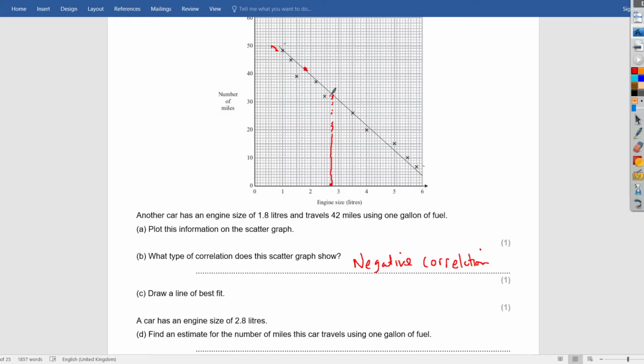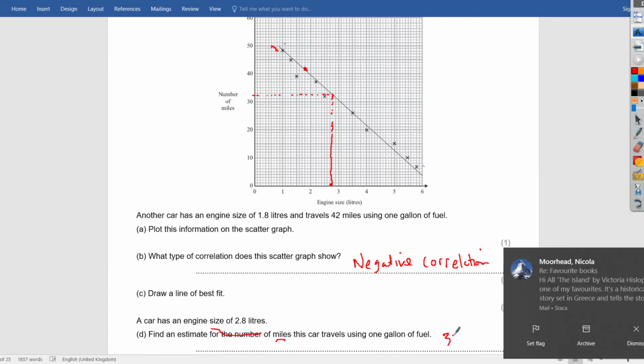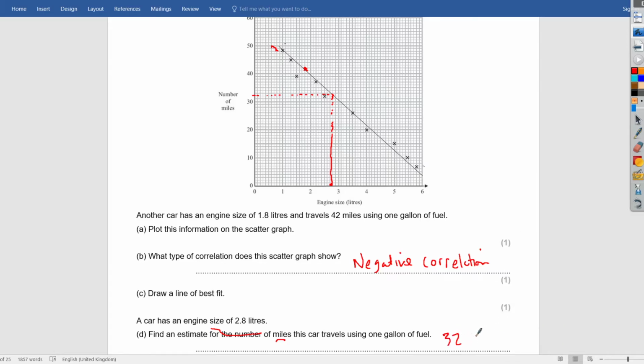If we went along here, we estimate the number of miles traveled. This will be about 32. If we were to estimate, 32 miles is what you would expect it to travel. Okay, let's scroll down, clear all this.